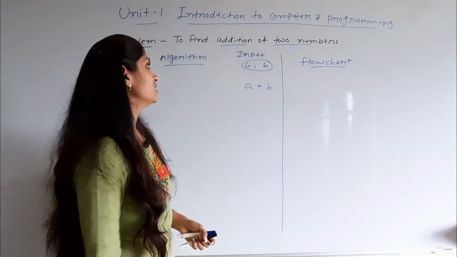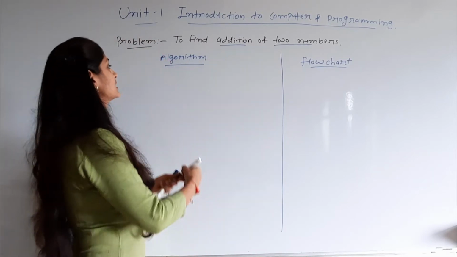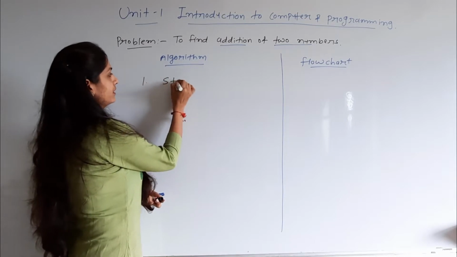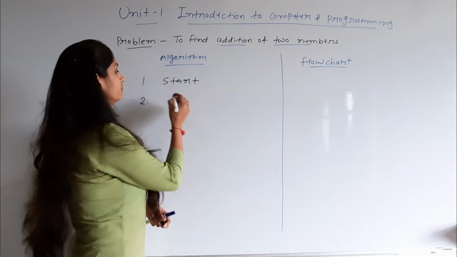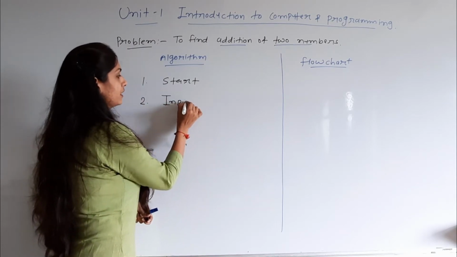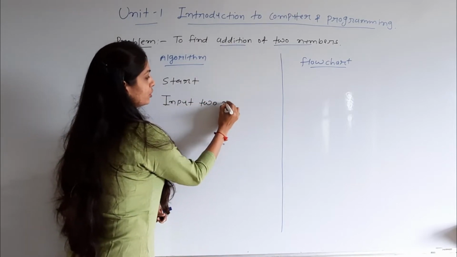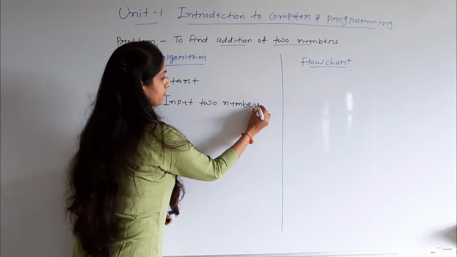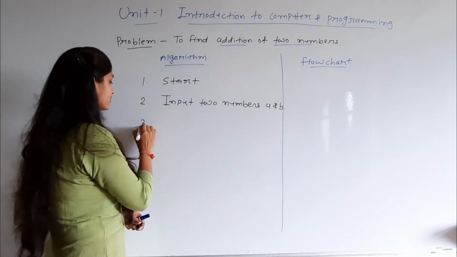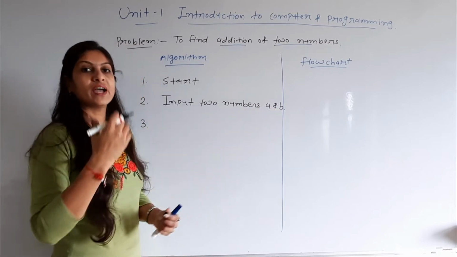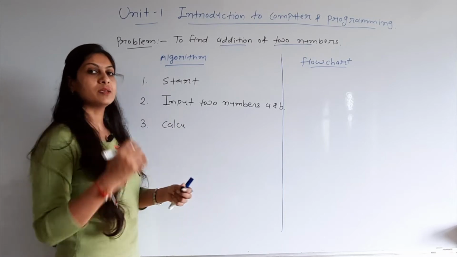Now apply this logic to our algorithm, and our algorithm always starts with the first step, that is start. Now the second step is input. So here we have to write input, how many values? Two. So input two numbers A and B. Now the third step is, according to the input, we have to find the addition. That is calculation, or we can say process.